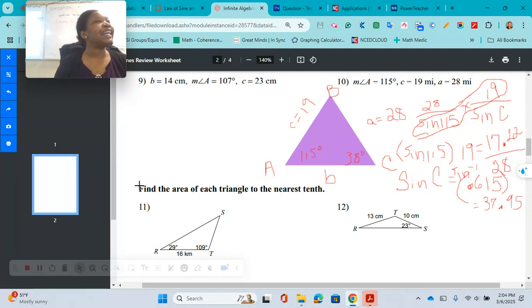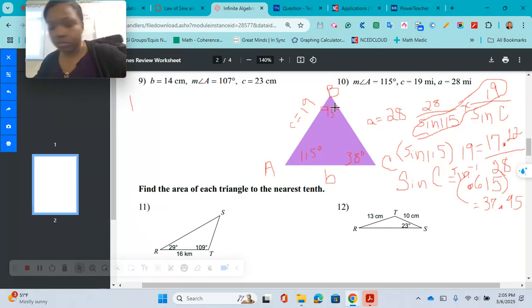All right, what is the next easiest thing to find? The third angle. How can I find that third angle? Take 180 and subtract the other two angles. Excellent. You got 115 and 38.